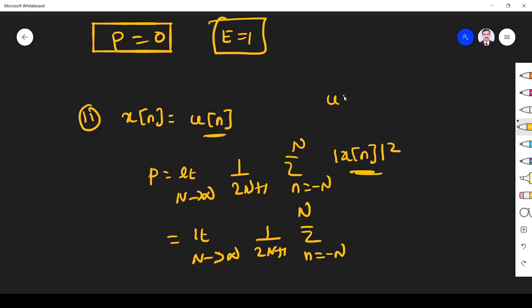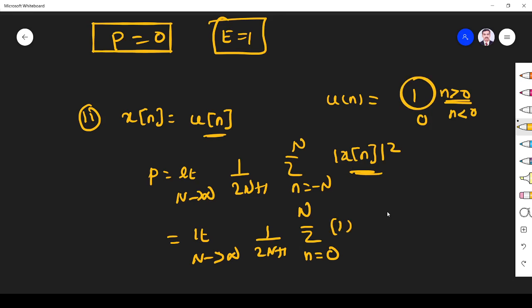We know u of n is 1 when n is greater than or equal to 0, and u of n is 0 when n is less than 0. So u of n has value only for positive n. So we don't need the negative values; remove them and take only the positive values, from 0 to n. From 0 to any value, u of n is 1.